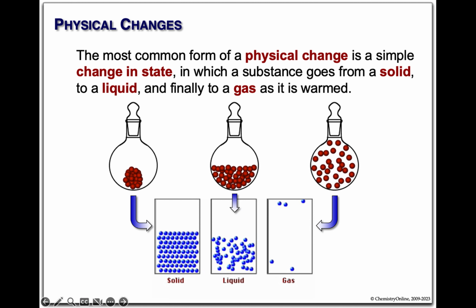In a liquid, we put enough energy in that these individual particles can now slip and slide over each other. But they still can't quite get away. Because of that, a liquid takes on the shape of its container. And in a gas, we now put enough energy in that we have no attractive force between the particles. These are flying around till they hit the walls or each other. This represents a gas.